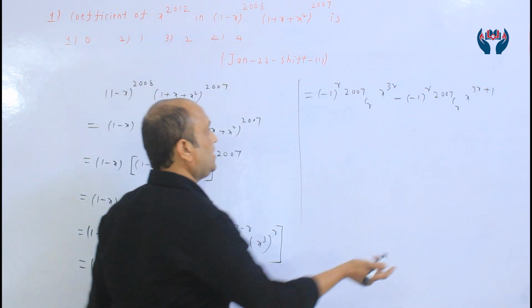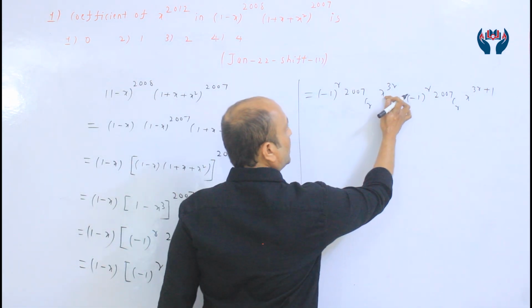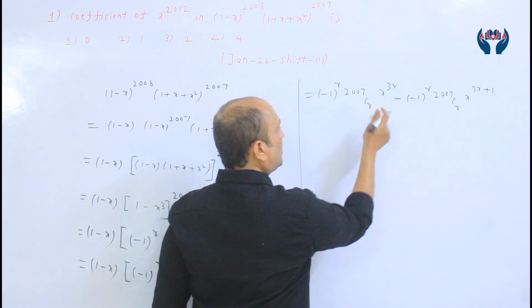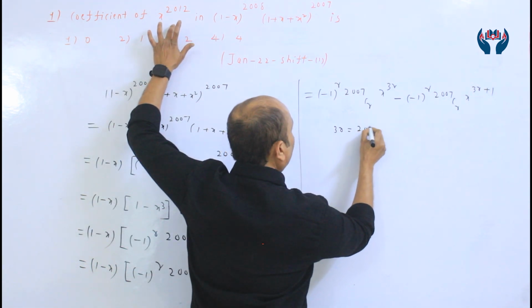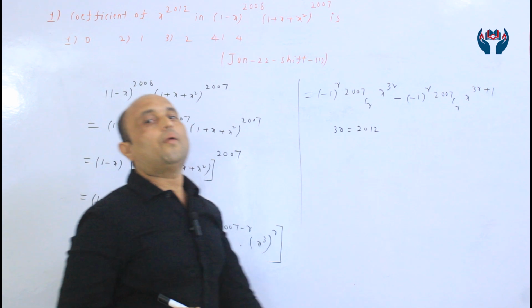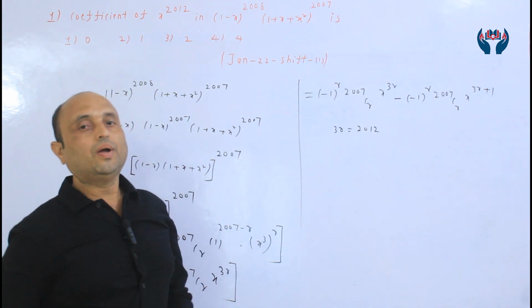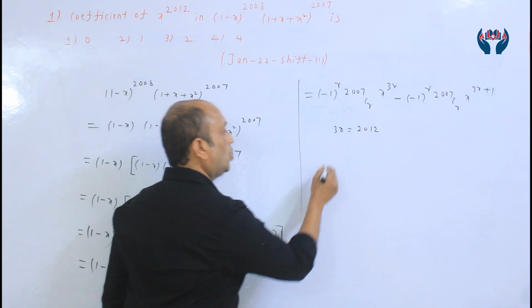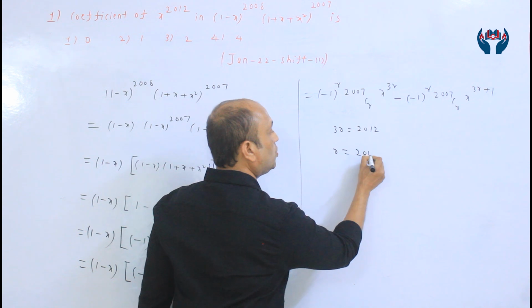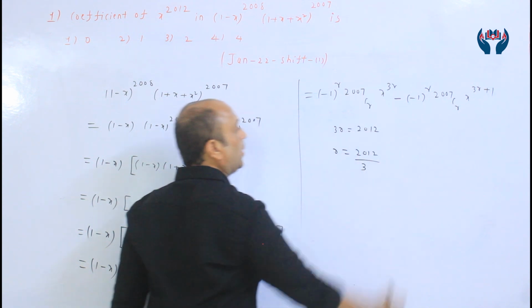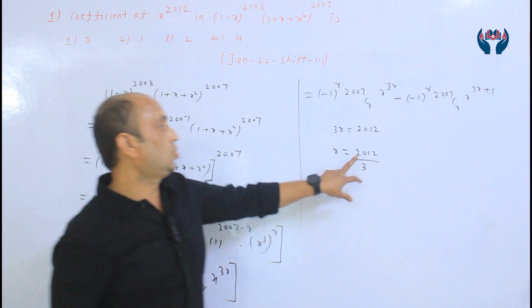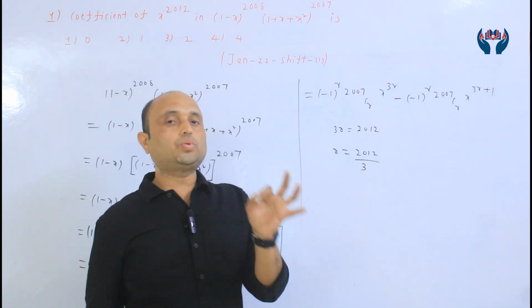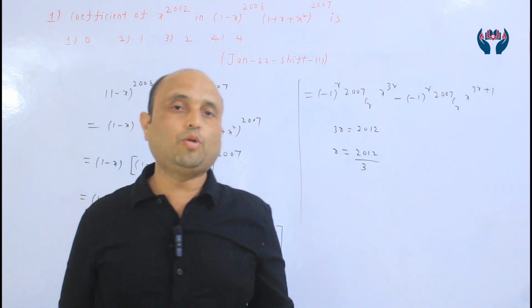So r is equal to 2012 by 3. But 2012 is not divisible by 3.